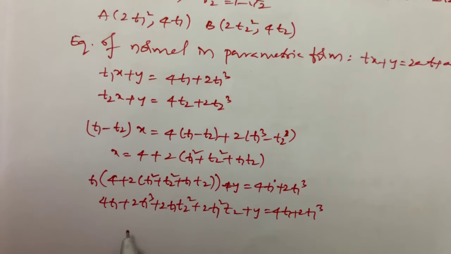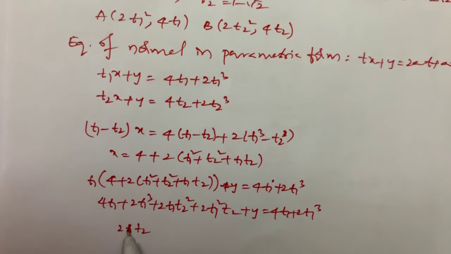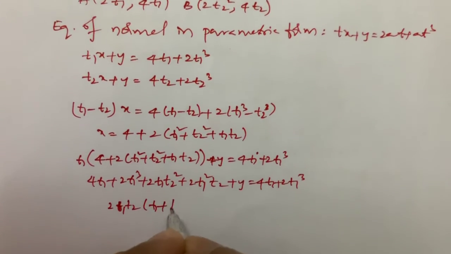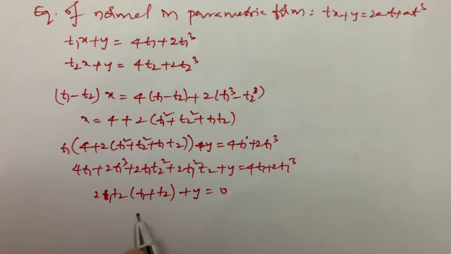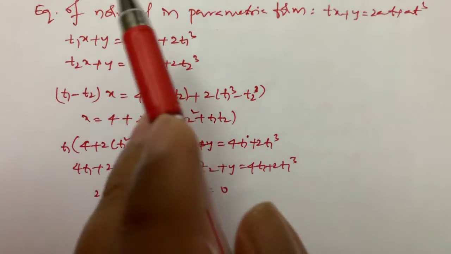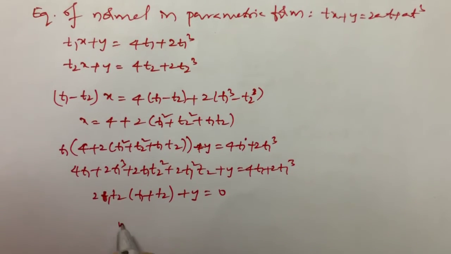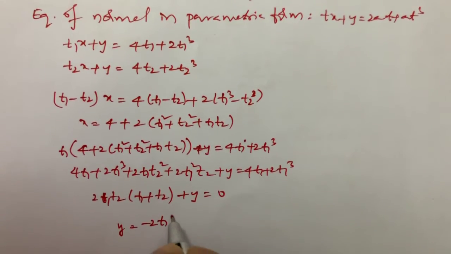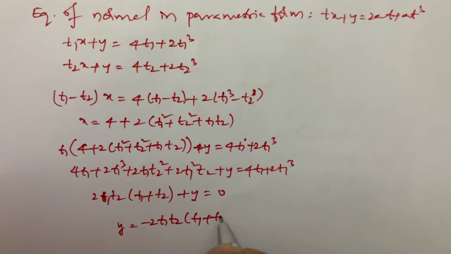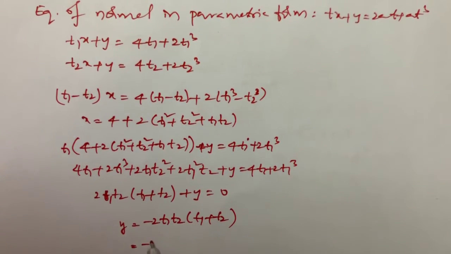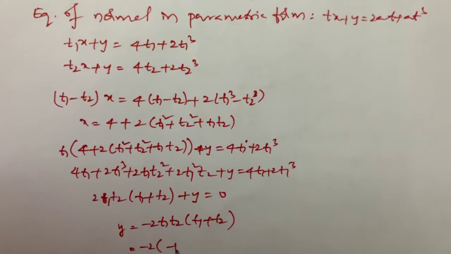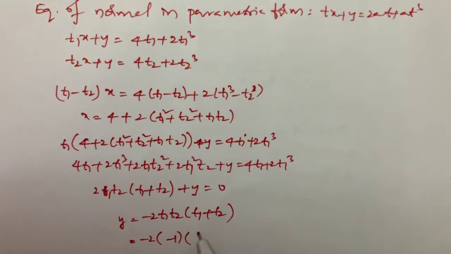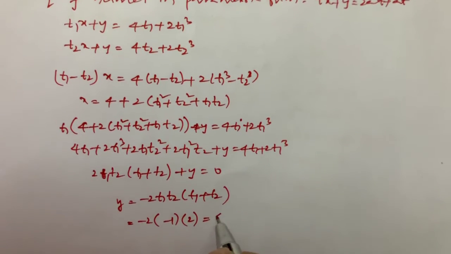If I cancel them off, 2t1t2(t1 + t2) + y = 0. Here we have the t1t2 values, right? So y = -2t1t2(t1 + t2). The product t1t2 will be -1 clearly, so -2 times the product is 2, and the sum will be 2. So this is 4.